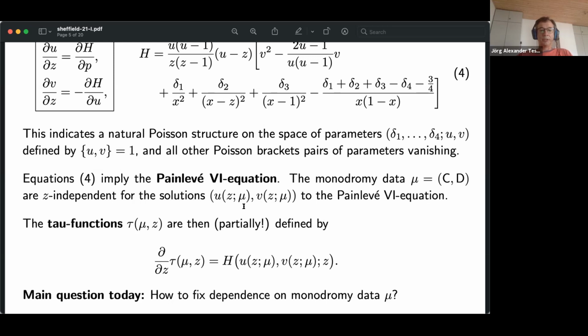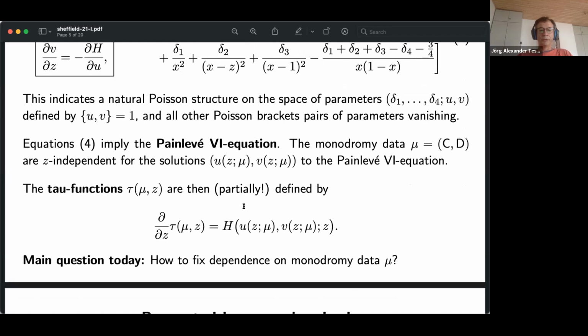So the monodromy data serve the task of being constants of the motion. They label different solutions to the Painlevé 6 equation.